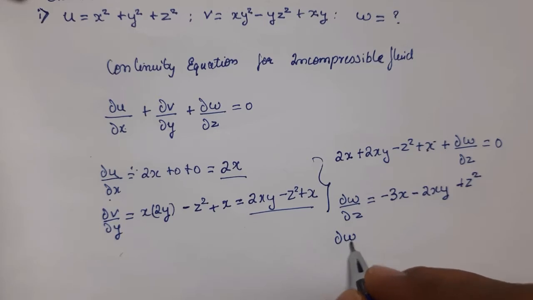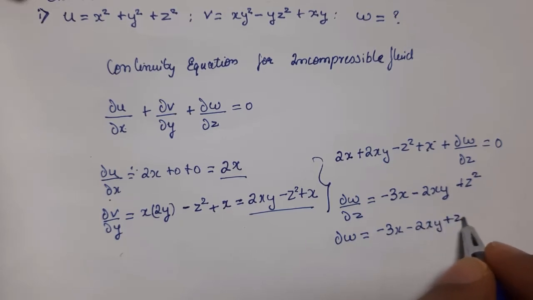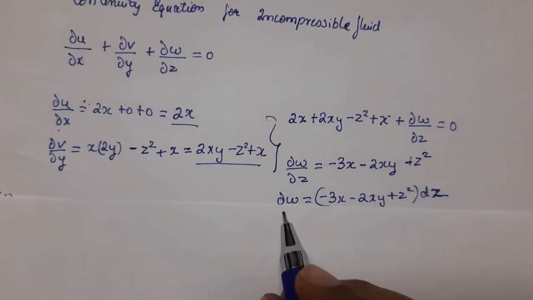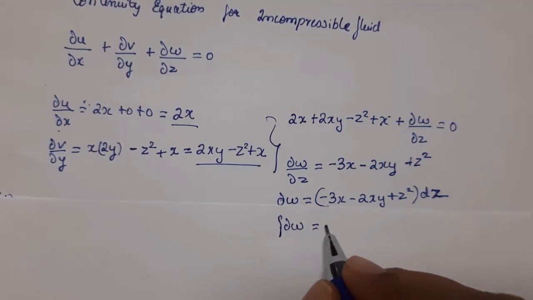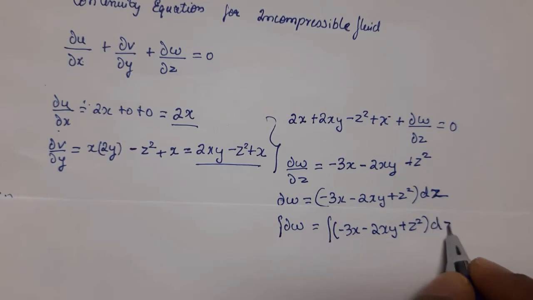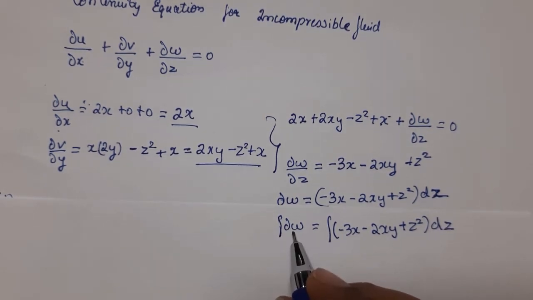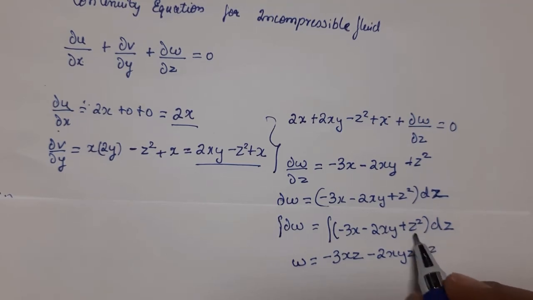So you can write it as dou w is equal to minus 3x minus 2xy plus z square into dz. Let us integrate on both sides. Integrating dou w we get w, minus integration of minus 3x with respect to dz will give 3xz, minus similarly 2xyz, plus integration of z square will be z cube by 3, plus a constant.